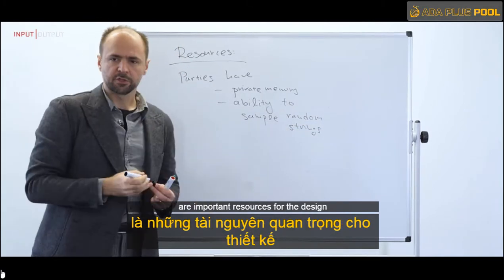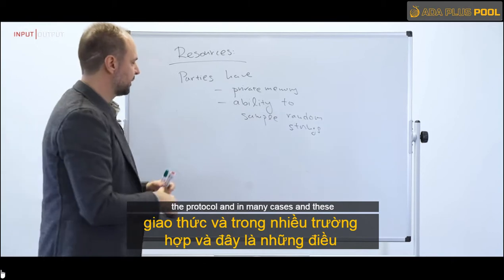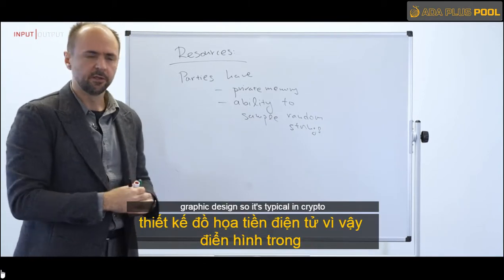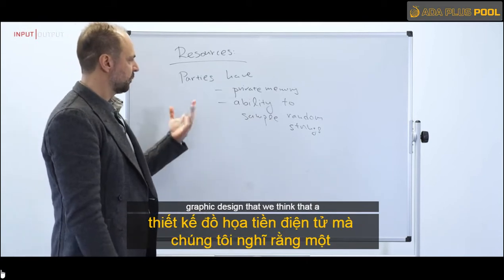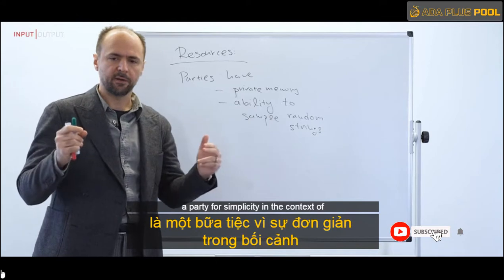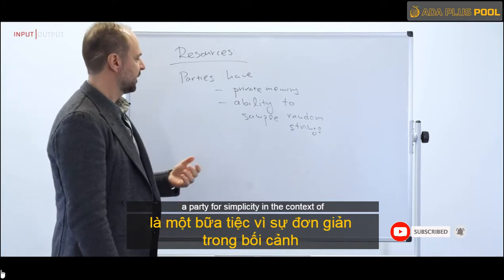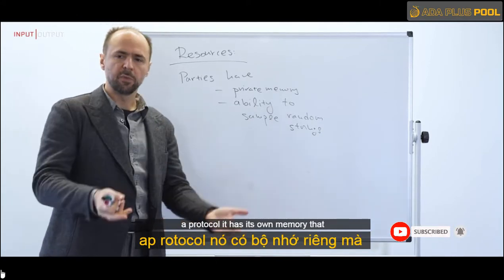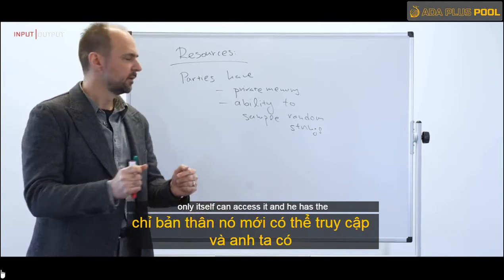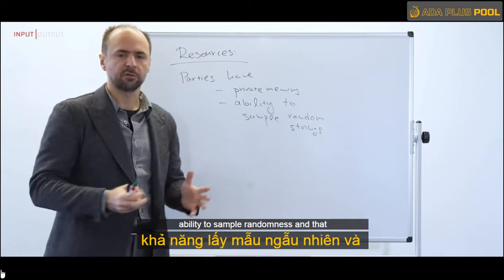These are important resources for the design of the protocol, and these are typical, I should say, in cryptographic design. Now the computer system, which we might call a party for simplicity in the context of the protocol, has its own memory that only itself can access, and it has the ability to sample randomness.